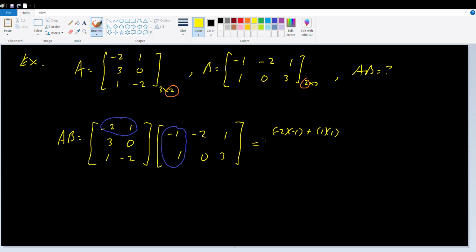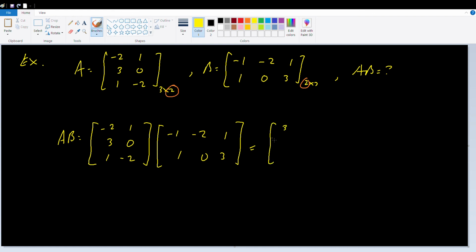So the element in the first row, first column will be equal to 2 plus 1, which is equal to 3.